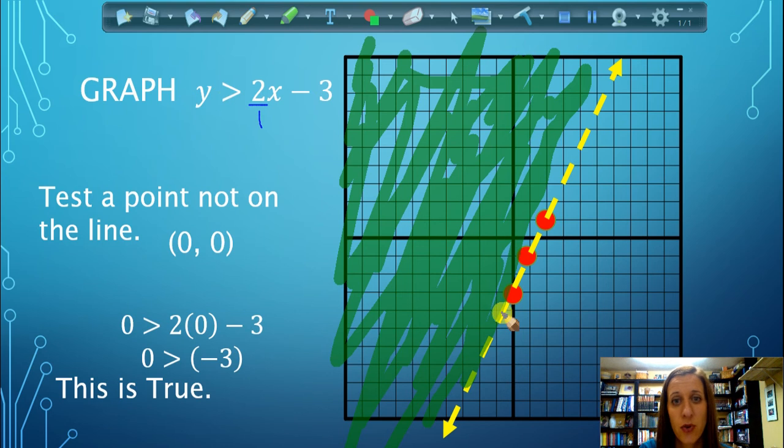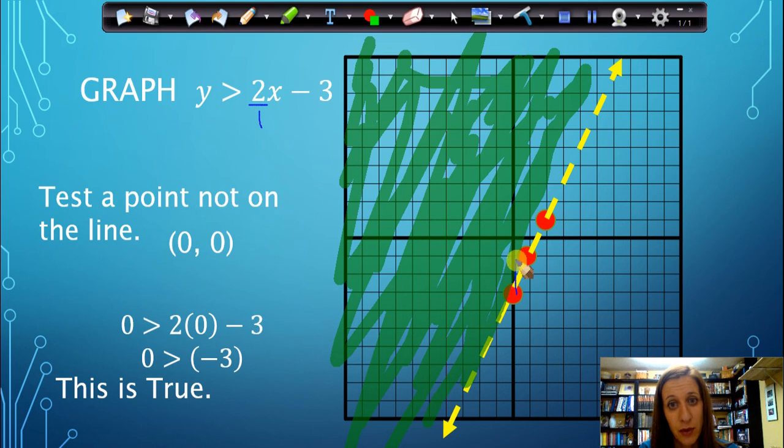If I go to any point on my line, the y-intercept's the easiest one to check, which is at -3, all the y values that are greater than -3 would be above. Or if I went to this point, all the y values that are greater than that point would be above. So I would shade above my line.